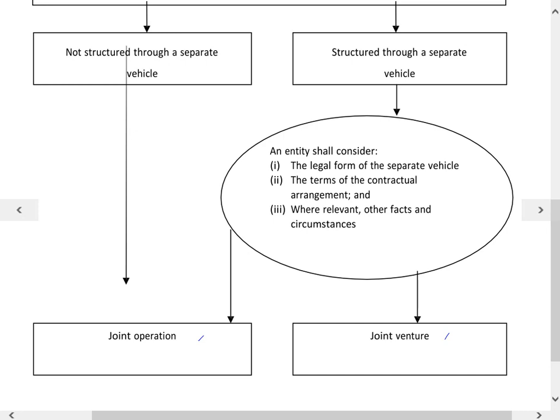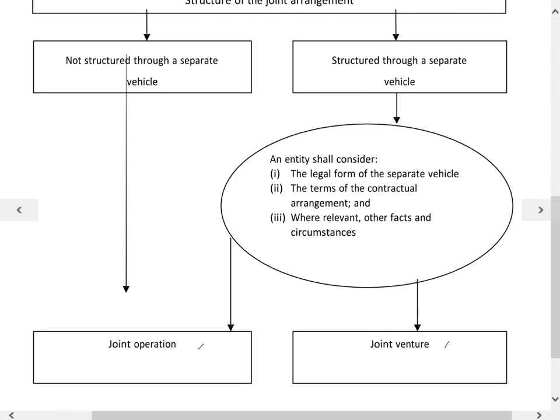Example. Company A, Company B. I decide to contribute assets, and then I have my own obligation, which is a liability. And they have their own liabilities.